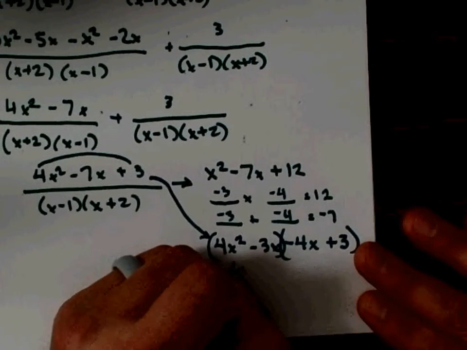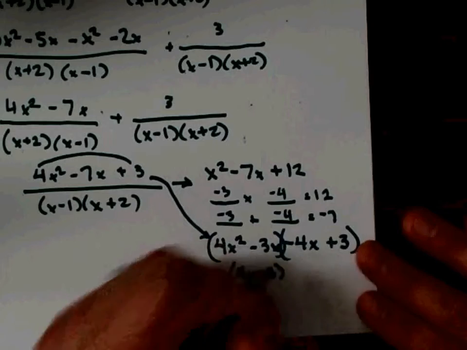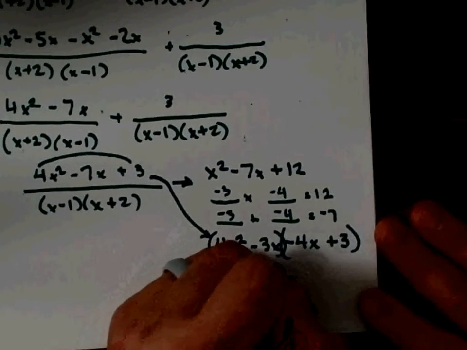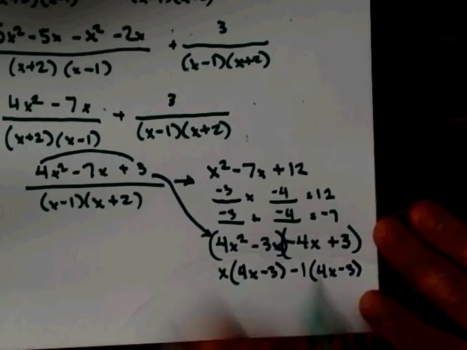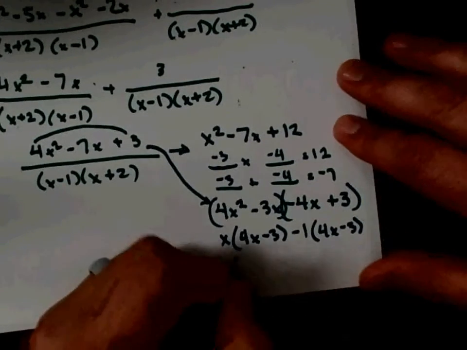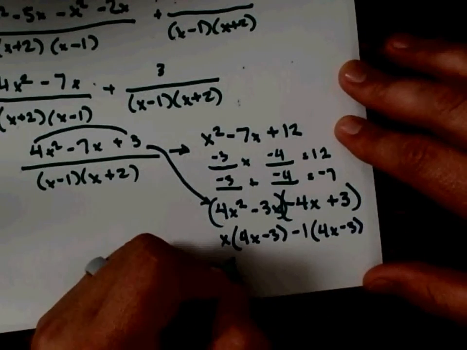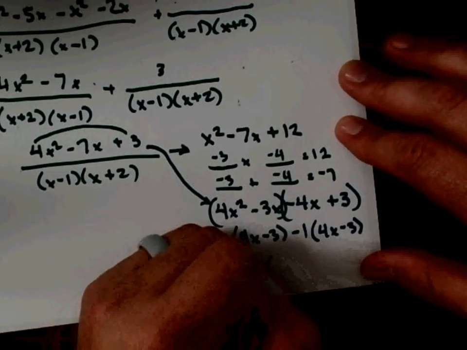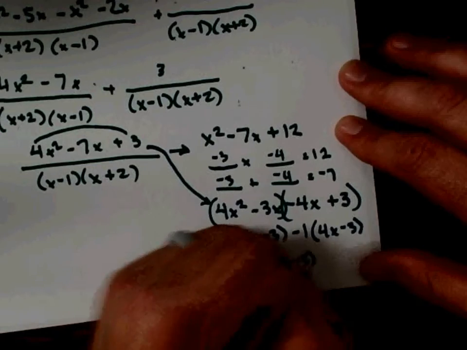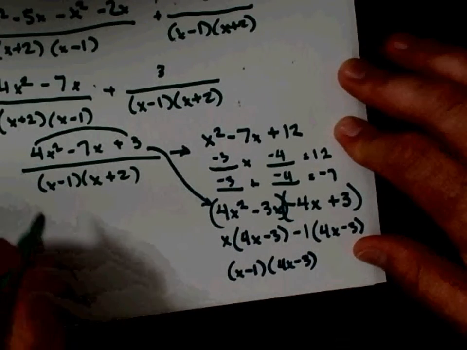So I have an x that comes out, and I'm left with 4x minus 3. I have a negative 1 that comes out, so I'm left with 4x minus 3. And so what's the factored form of that? X minus 1 and 4x minus 3.